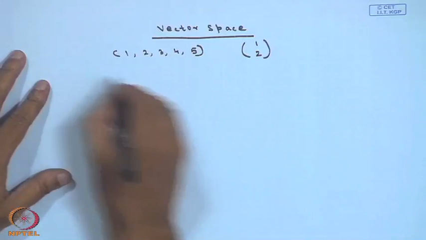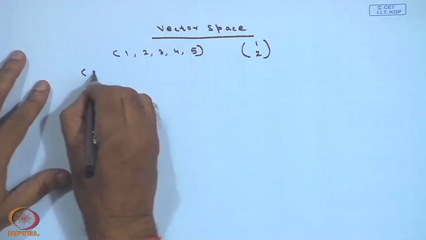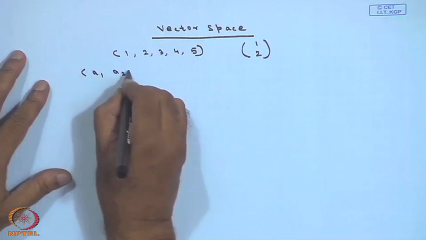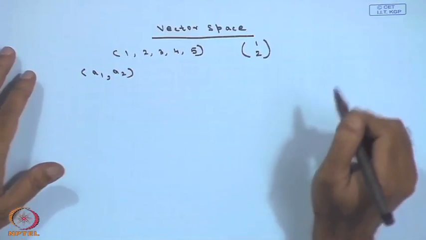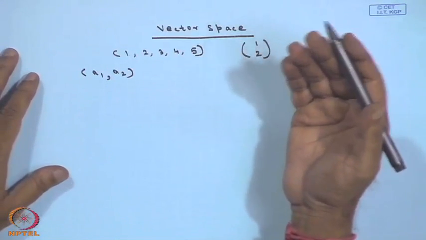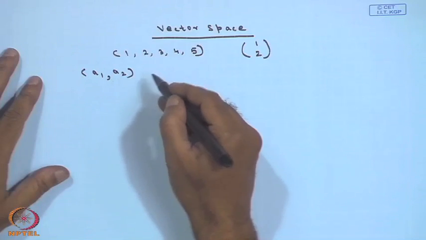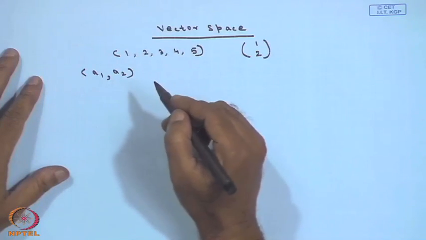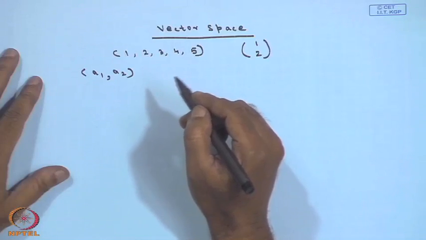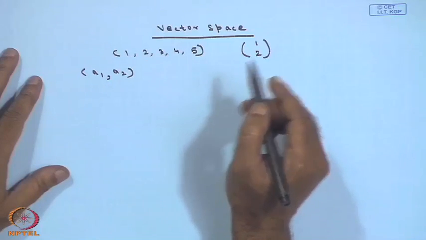Whenever I am writing this A1, A2, geometrically what I can say is this represents a point in 2-dimensional space.